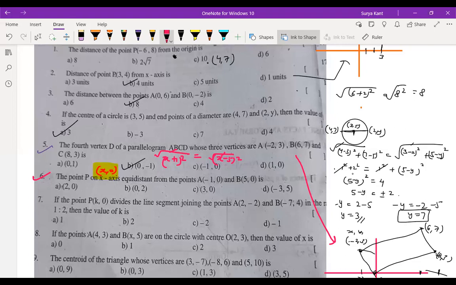So we can directly use the midpoint. Suppose I'm just drawing here: minus 1, 0 will be here, and 5, 0 will be here.